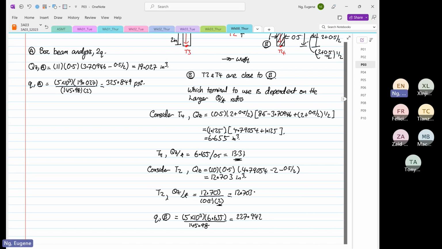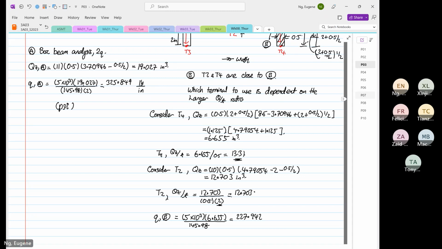Shear flow. So the shear flow, the units. Did I write the units earlier? This is not PSI. I'm making a lot of mistakes today. The units for shear flow are pounds per inch, because this is PSI, pound per square inch.